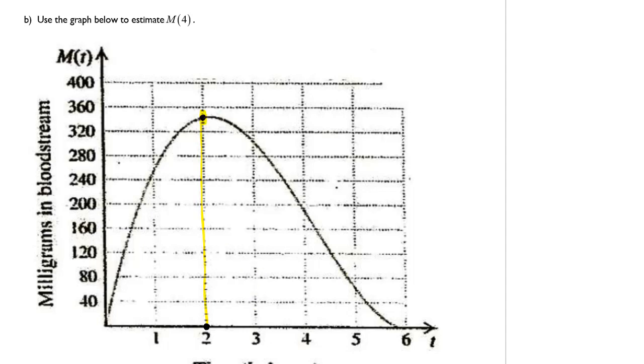Where is this curve height-wise? Well, it's the coordinate point 2, and then it looks like something close to, that's about 40 between 320 and 360. So halfway between is going to be another 20. So about 340 milligrams.